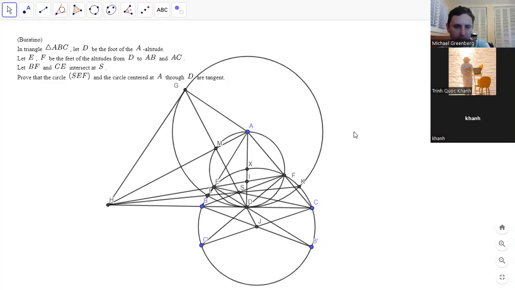Okay, so how should we show it's cyclic? We could try an angle chase. We could try power ratio lemma, power of a point. What's another way we could do it? Homothety, maybe homothety is a better way to do it.